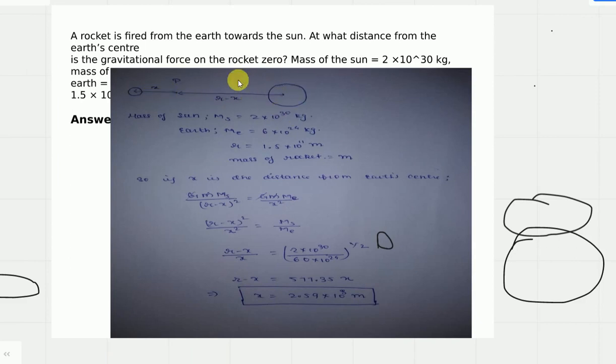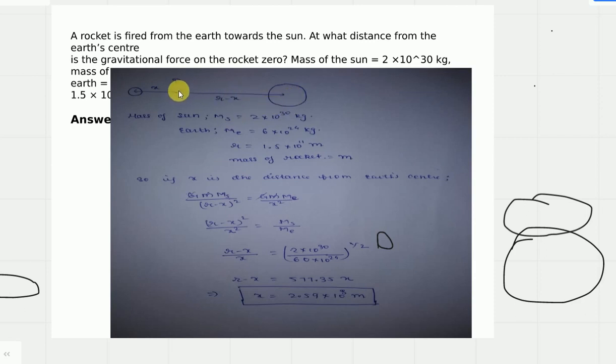What is given is that we have to find the point at which the gravitational force is 0. How will the gravitational force become 0? The Earth will pull the rocket towards its side, and the Sun will also pull the rocket towards the other side.